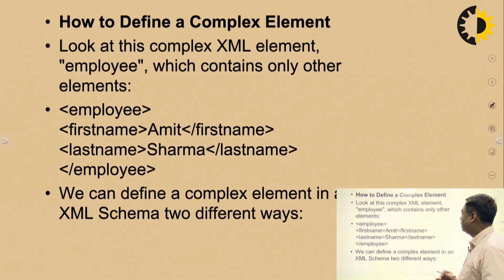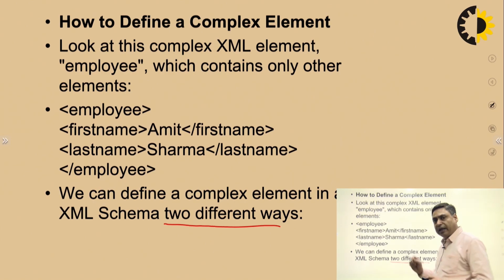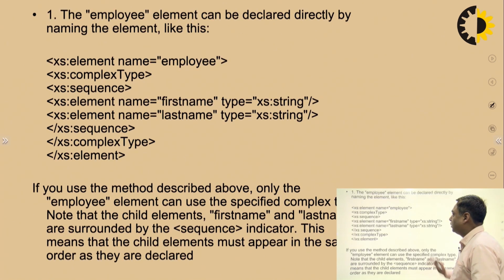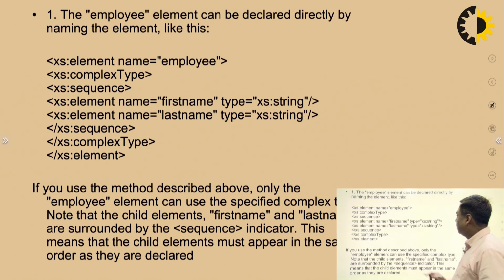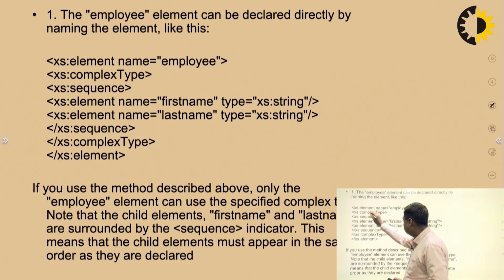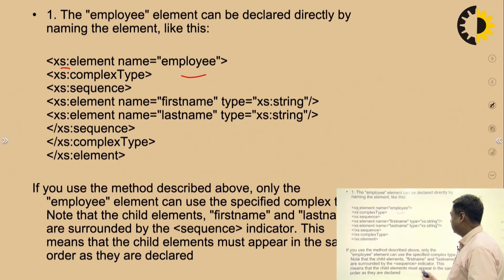Again, I am repeating it: this is the XML file and there are two different ways to define the XML schema for this XML file. The first way is we define the XML schema for this employee. We are using the element to define the element as employee.